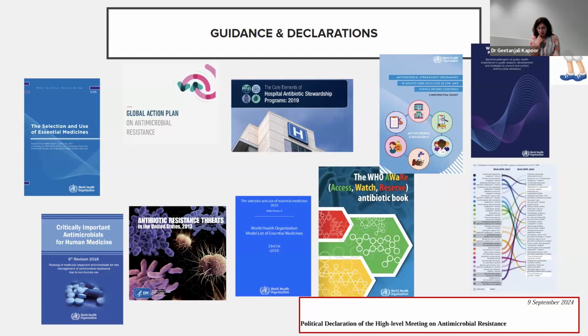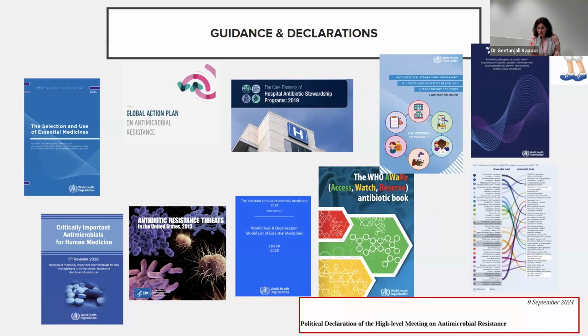Also very important documents, some of these which are here. I've actually just put up a few really essential ones, which I think we all should be aware of, especially the new and budding researchers who are entering the AMR space. You must look into the model list of essential medicines. It does specify very clearly which drug to be given for which clinical condition, and what not to be given, and takes into account various factors like patients' health conditions.